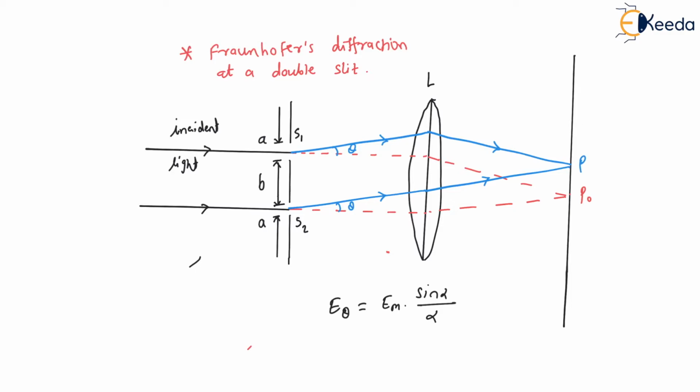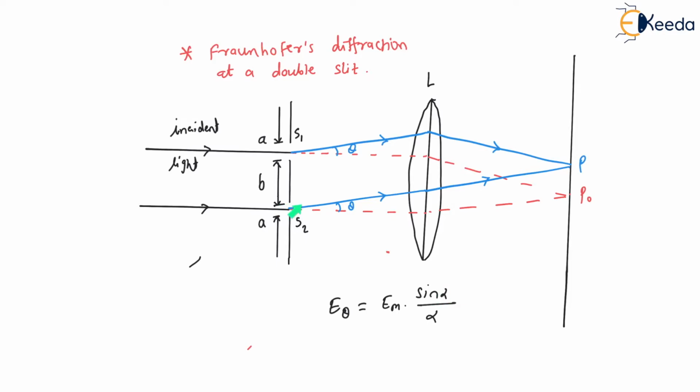Just a reminder: when we consider a single slit, it will produce a resultant amplitude of this value: E theta equals Em sin alpha upon alpha, where alpha is the phase difference.